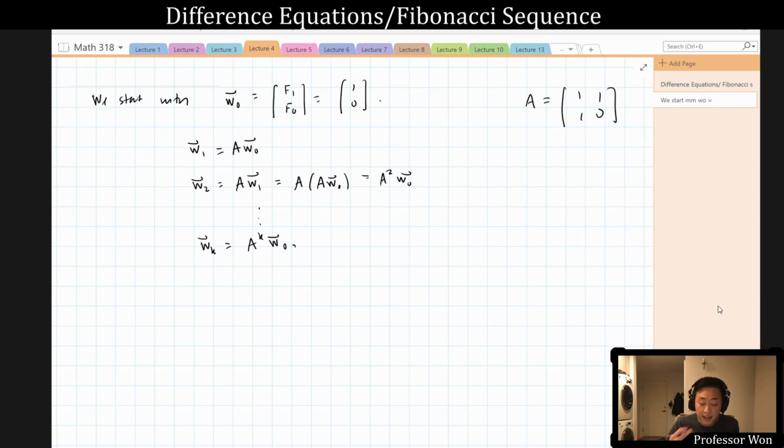So if you want to understand the 100th Fibonacci number, you could instead understand this vector w_100, which is the 101st Fibonacci number, comma, the 100th Fibonacci number. If you could understand this vector, you'd understand the 100th Fibonacci number. And this is just A to the 100 times w_0.